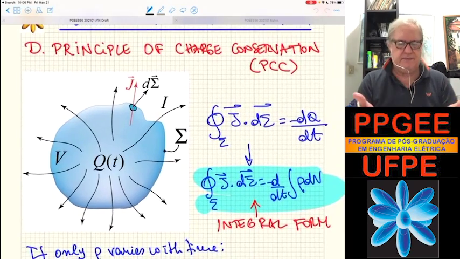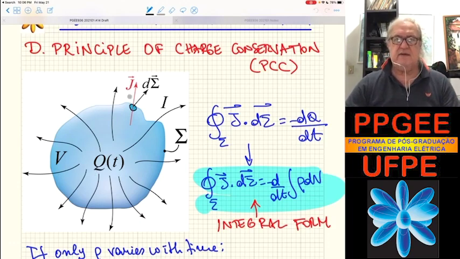But for now, let's assume we have a closed volume enclosed by a surface sigma. We have an element of area, d sigma. The current density is J, and the total charge in the volume is Q of t. Let's assume that things can change with time.